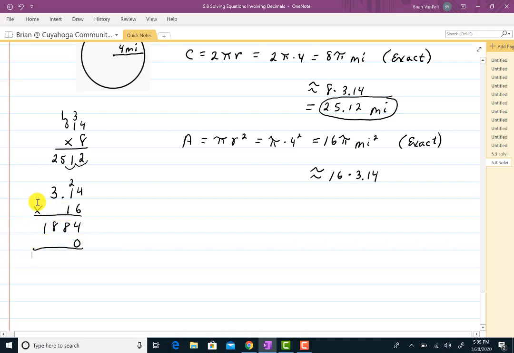And then 1 is always easy. I can just write 314. And then start adding these column by column. 4, carry the 1, 10. Carry the 1, 5. It looks like I end up with 50.24. Don't forget to move the decimal 2 places because you had 2 decimal places involved. This is an approximation.